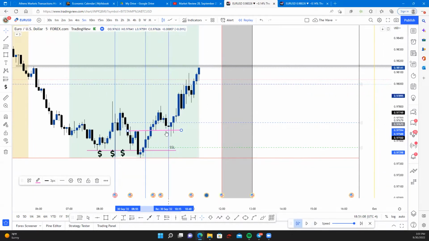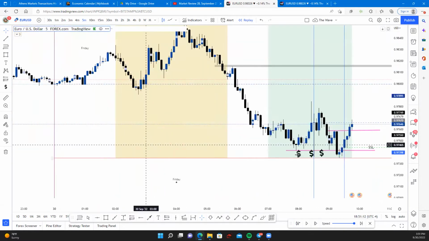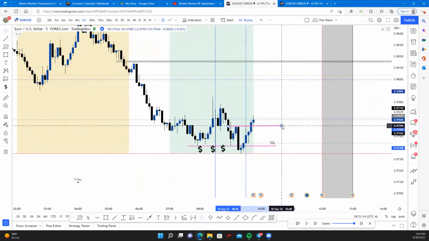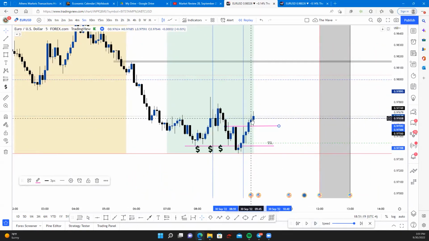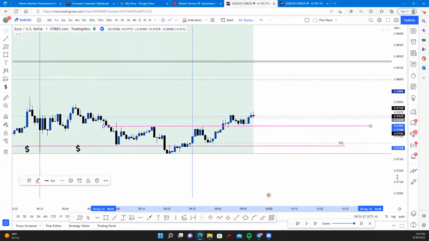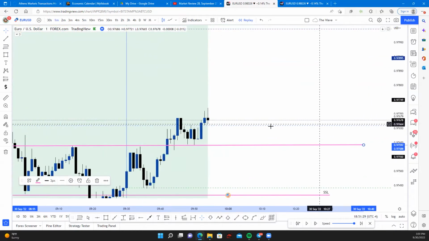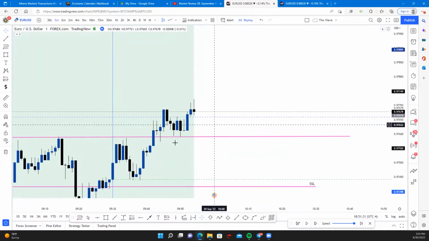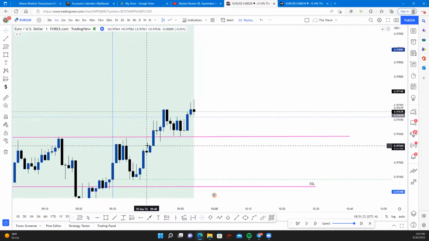Let's go back to when market structure was broken. Here. So once we get this break here, you probably want to drop it down to the 1 minute and wait for a gap, a big substantial gap to form.